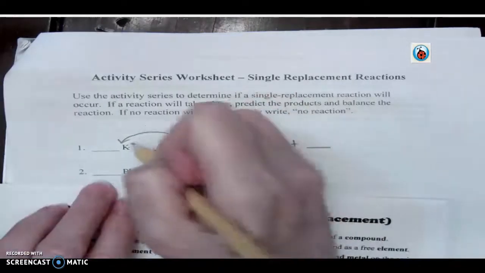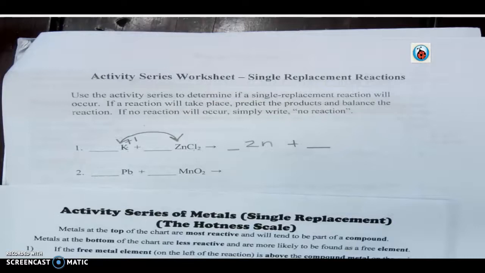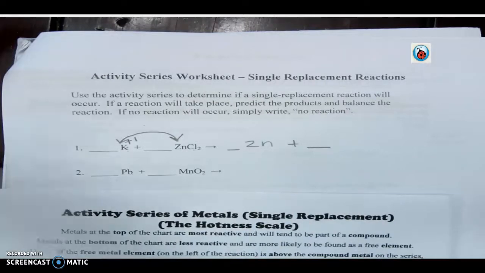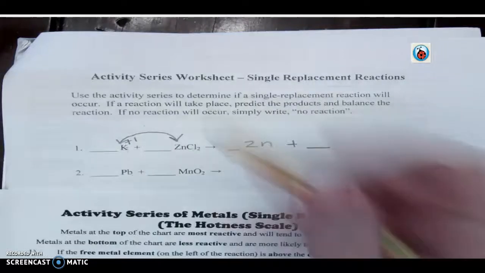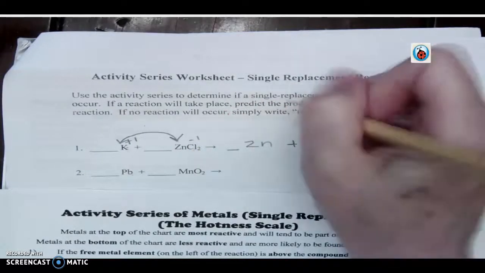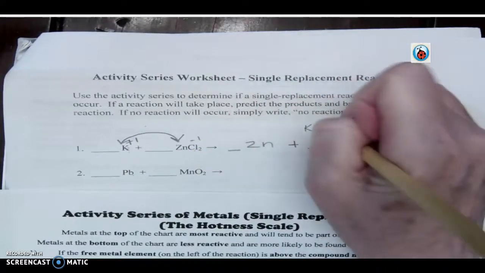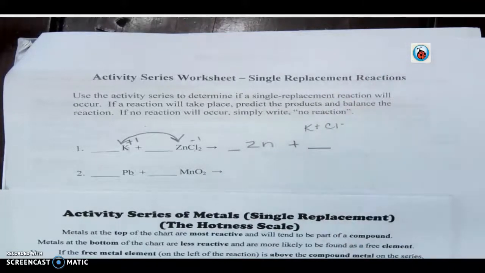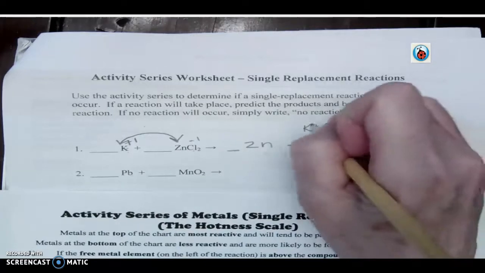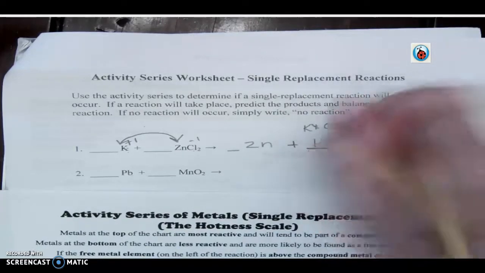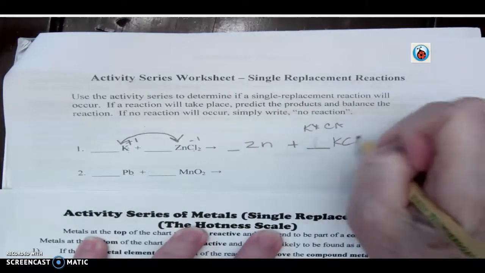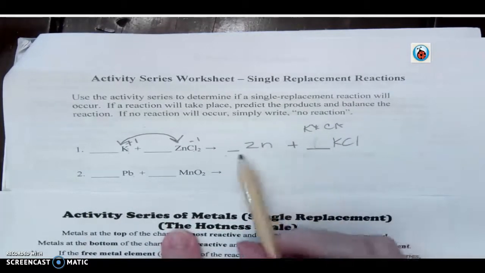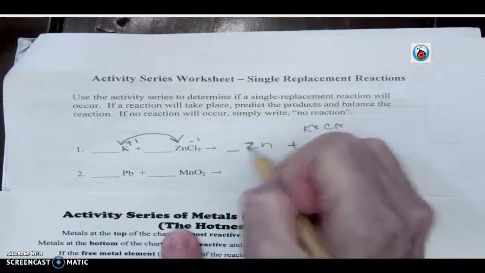The +1 potassium is going to be with Miss Chlorine, who's always a -1. So I've got the +1 potassium with a -1 chlorine, and they're going to be the new couple. Those cancel out, so the new couple is KCl.